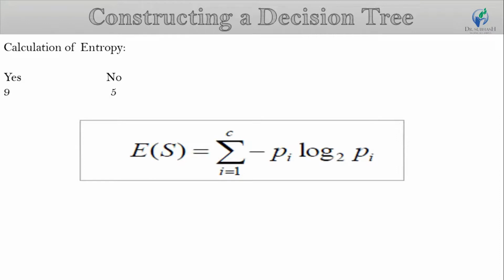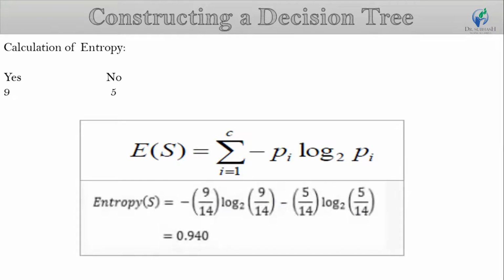So entropy of S is equal to minus 9 divided by 14 log 2 of 9 divided by 14, minus 5 divided by 14 log 2 of 5 divided by 14. Here 9 is the yes value, 5 is the no value, and 14 is the total days.